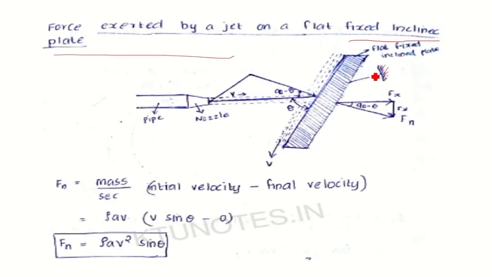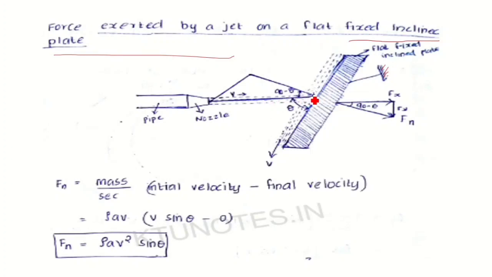This is fixed here, so it will not move, and the jet of fluid is striking the plate, and the plate and the jet of fluid make an angle of theta. So theta is the angle at which the jet is striking.